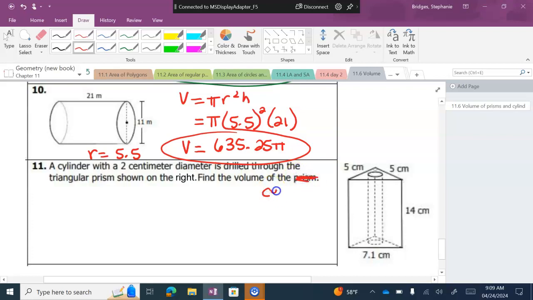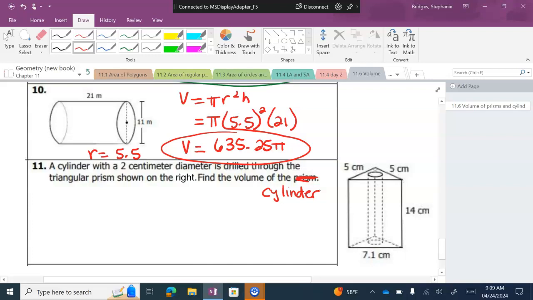That would be way too hard. Okay. I can't spell cylinder. Find the volume of that cylinder that is inside of that prism there. Let's just find the volume of what was drilled out there, that cylinder.